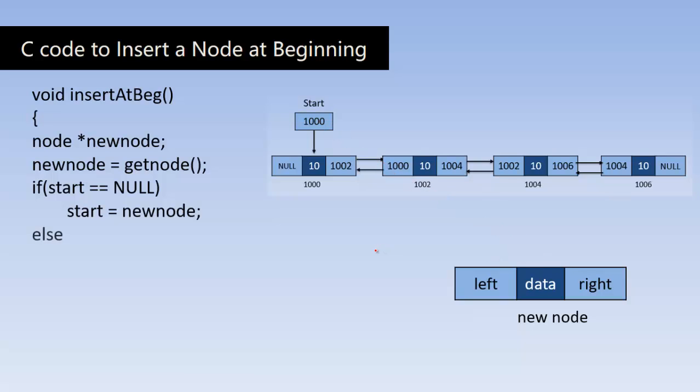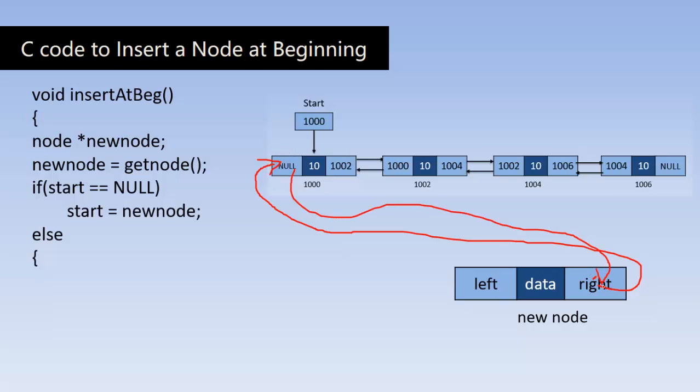Otherwise, else, I'll make the right pointer of the new node point to this node, and store the new node's address inside start arrow left, and make start point to this new node.